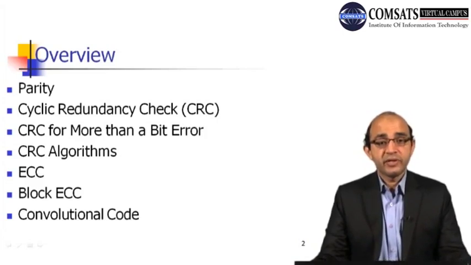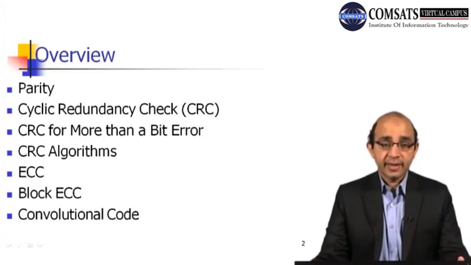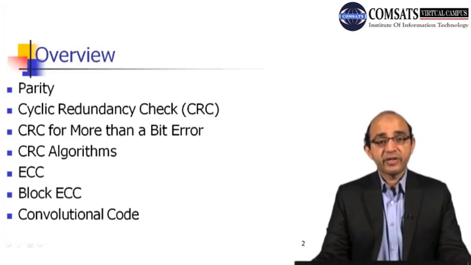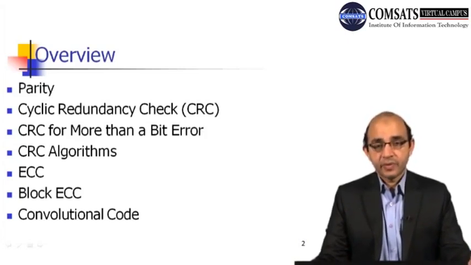For example, if we are using 1-bit parity, then we cannot detect errors if there are 2 bits that have been affected by the error. Then we need to go for some other error detection scheme. So how does CRC make it possible to detect more than a bit error?